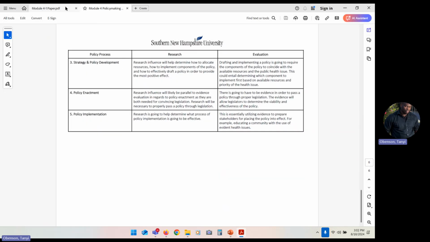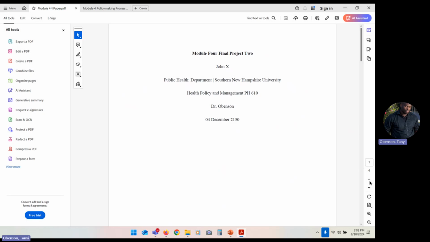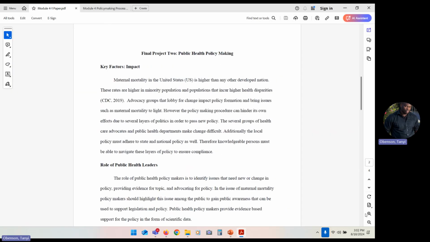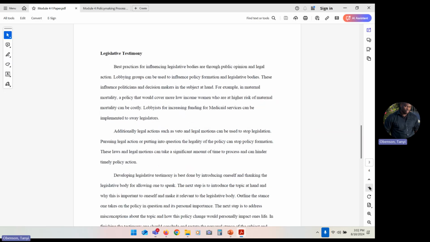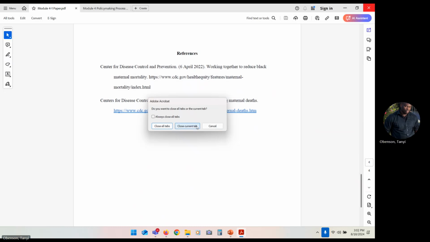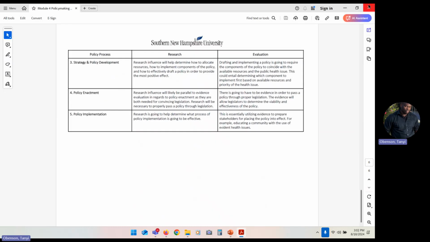And then in terms of the paper itself, you have this that you can see here. This is the paper. Key factors, impacts, role of public health leaders in this is on public health policymaking. I posted examples of this in the classroom so you can take a look to see what they look like and get a better understanding of the assignment.